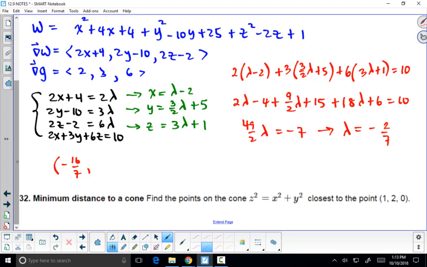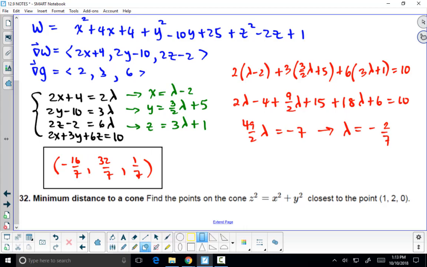Negative 3/7 plus 35/7 looks like about 32/7. Plug it into the last one. We get negative 6 over 7 plus 7 over 7, so that's 1 over 7. So that is our point that is closest to the plane. That will be our point. So in this case, Lagrange multiplier with distance to a plane, solving for lambda makes the most sense.